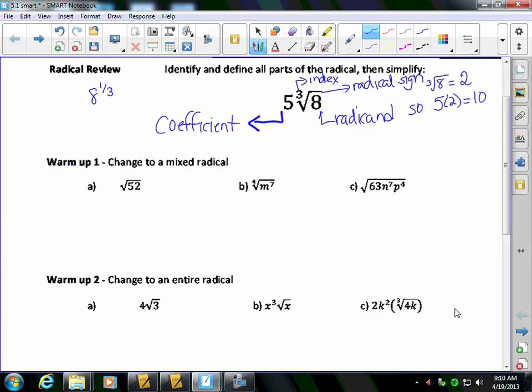So if you look at square root of 52, square root of 52 is the same as square root of 4 times 13. You always look for the biggest perfect square or third root or whatever, depending on the index, that you can pull out of there. So square root of 4 is a 2, which leaves me with square root of 13. So now I've gone from a whole radical to a mixed radical.